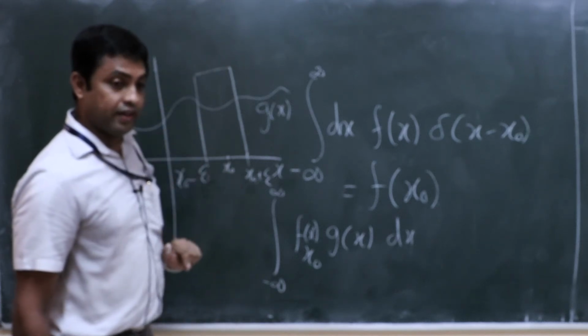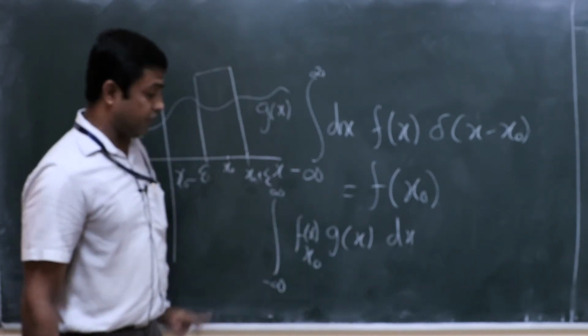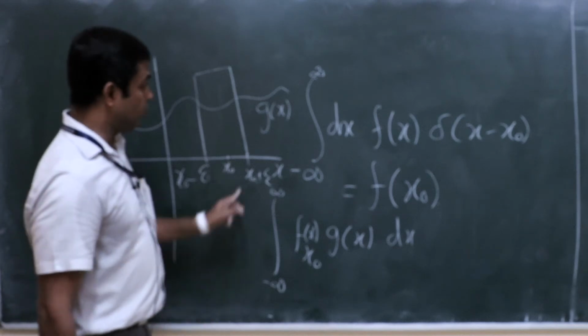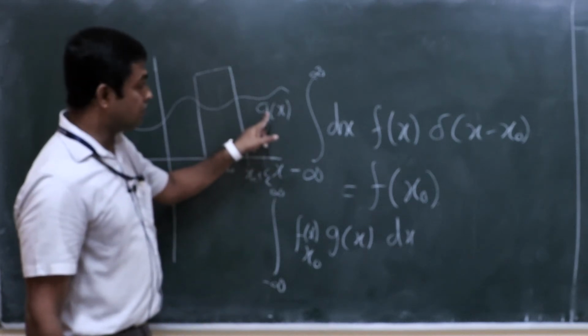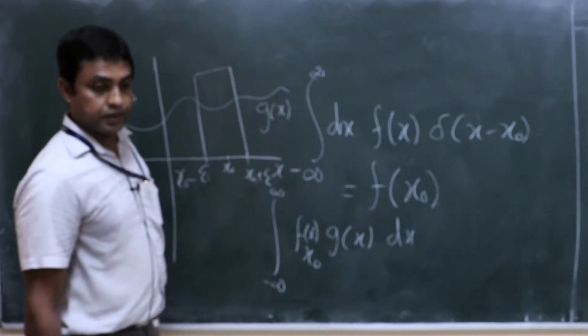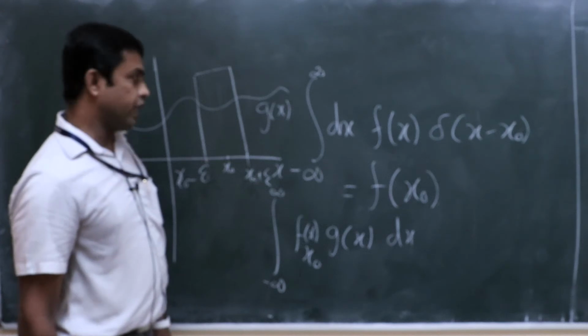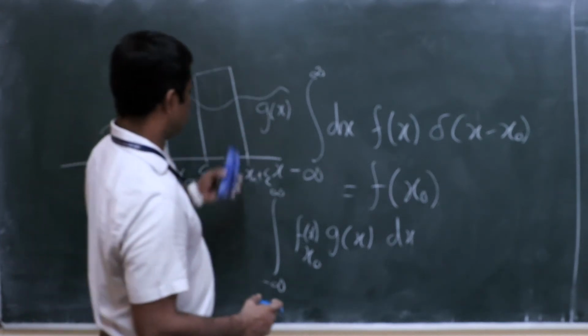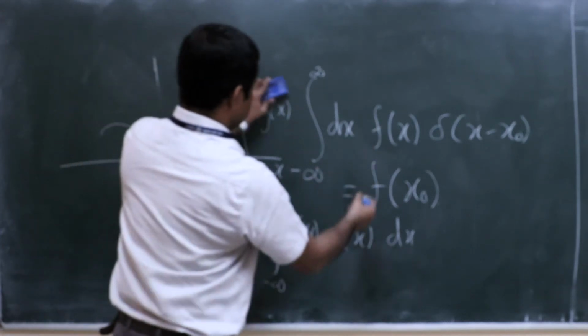Now what will be the area, the product of this, when epsilon tends to 0? It will be the function g of x at that point. That is the reason this expression is coming.